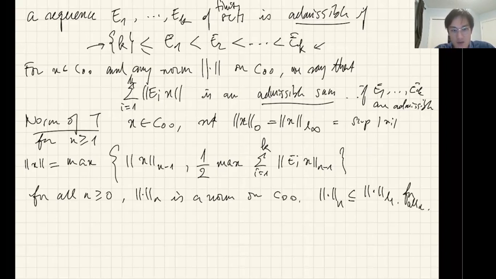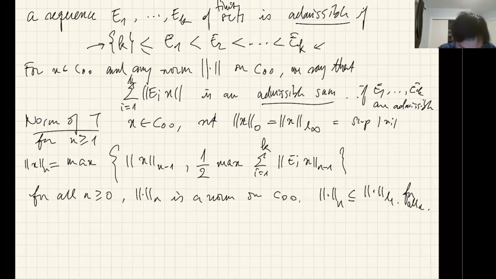And it's also increasing. If you notice, the nth norm of x is always greater than or equal to the n minus first norm, because if it tried not to be, then you take the n minus first norm. So it's non-decreasing, and it's bounded above by L1, so it has a limit.